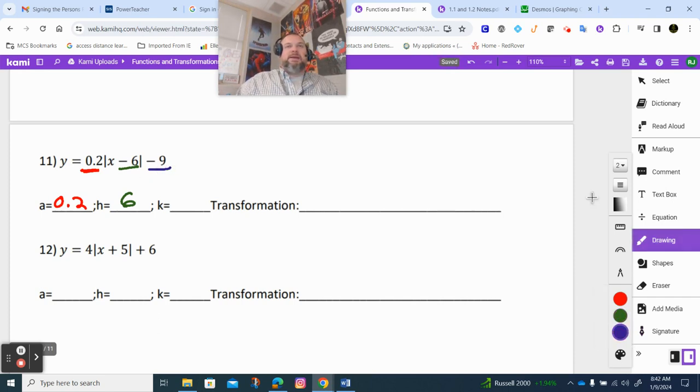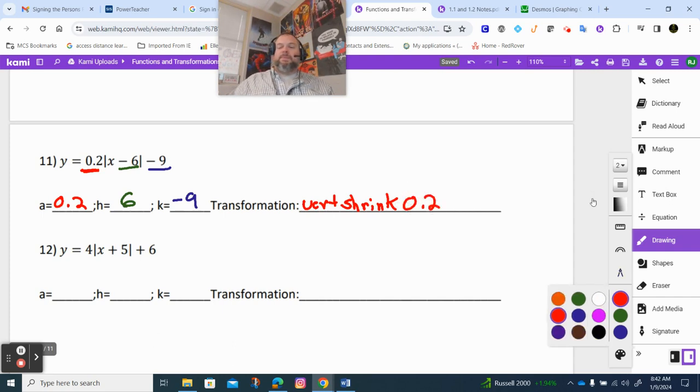And our K, -9. All right. Because our A value is between 0 and 1, this is a vertical, the opposite of stretch, shrink. This is what's happening to Mr. Jeffrey's body as it gets older. I'm shrinking. Vertical shrink of 0.2. Either that or my son is growing astronomically.